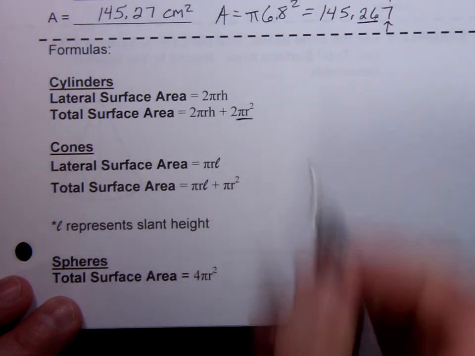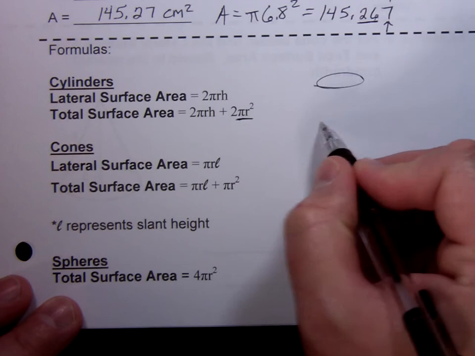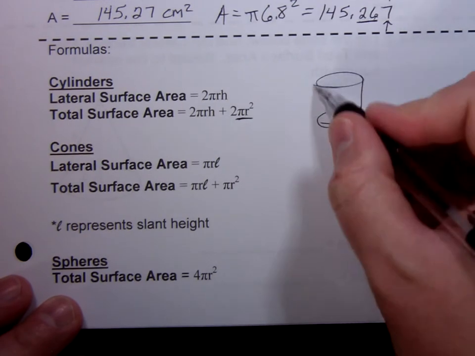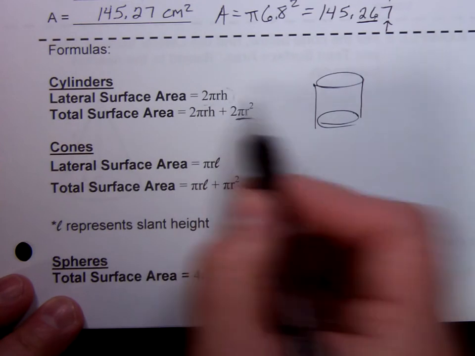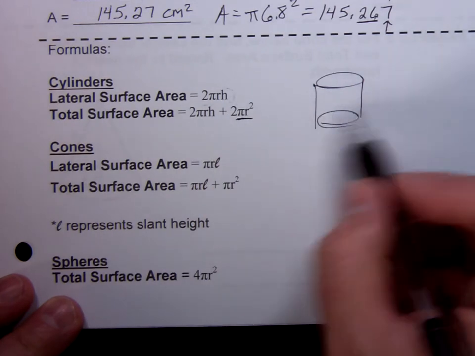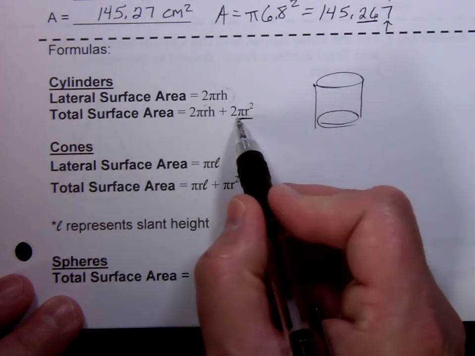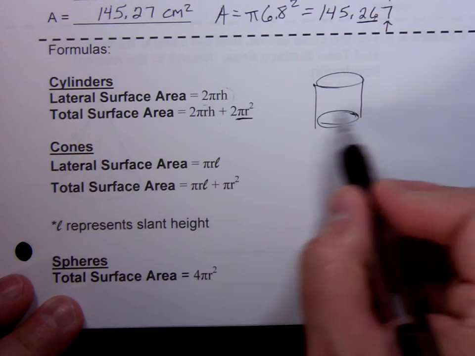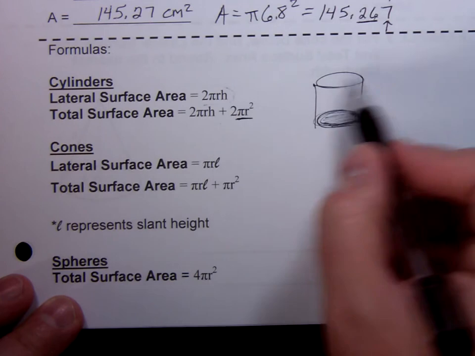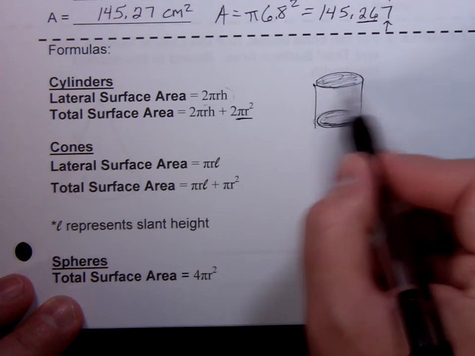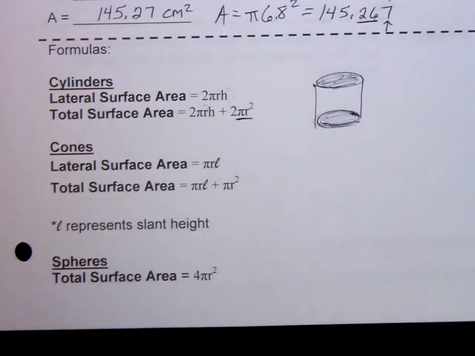If you think of a cylinder, you have 2 circles, and then you have the rectangle going around the side. So this formula right here is to find the area of that rectangle, and then you have 2 circles. So pi r squared gives you the area of 1 circle, and there's 2 of them, so we multiply that by 2 so that we're including the area of both circles.